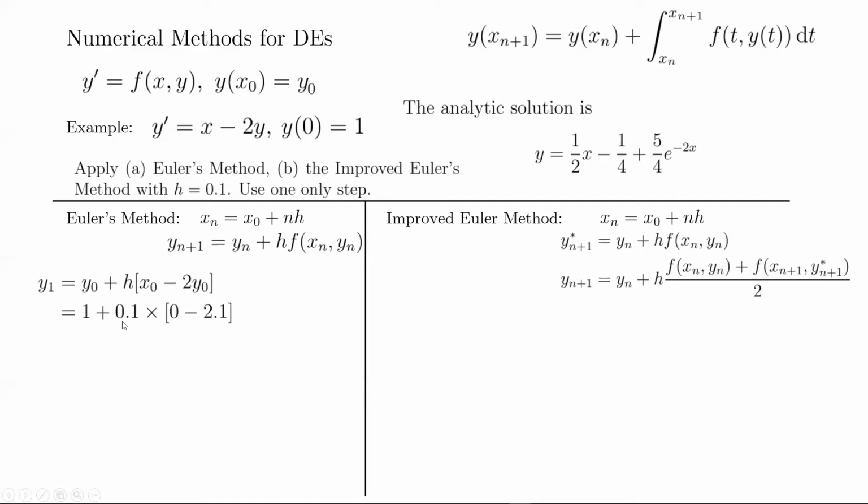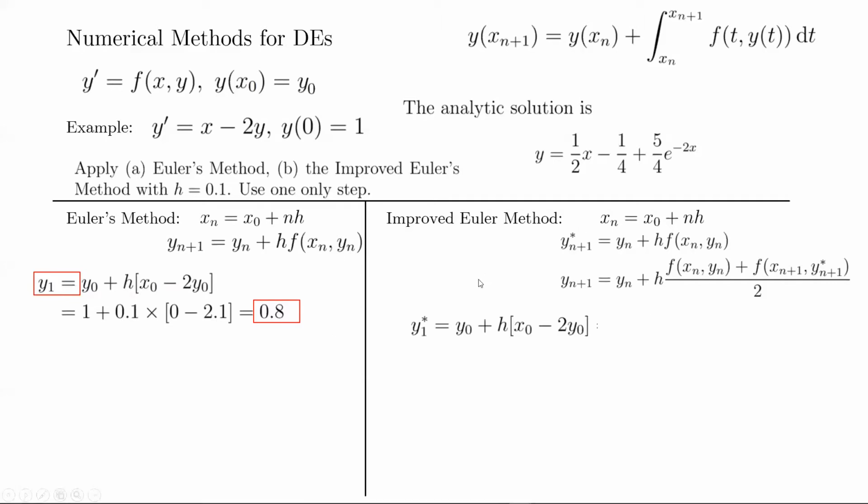The step size is h equals 0.1. x naught is 0, minus 2 times 1. Anyway, so that is 0.8, because we get 0 minus 2 is minus 2, times 0.1 is minus 0.2. So 1 minus 0.2 is 0.8.